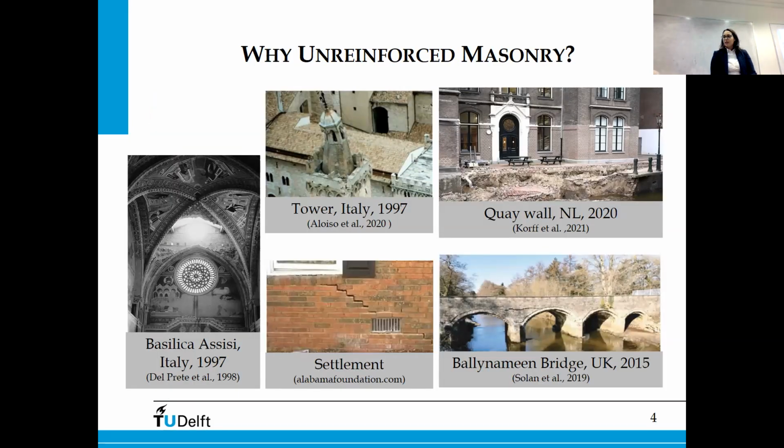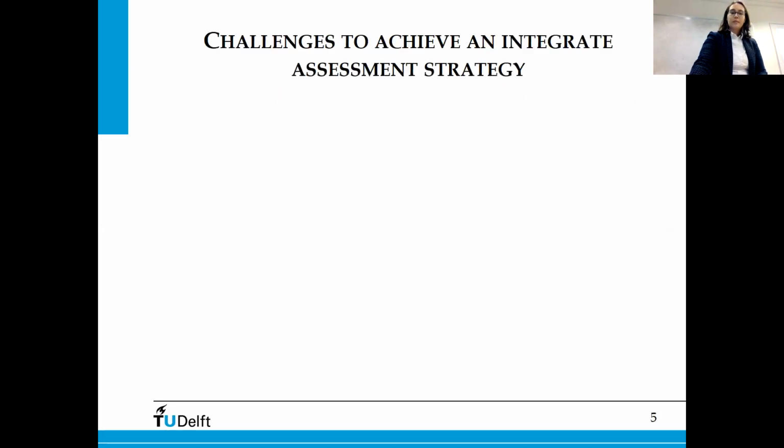I don't have to tell you why this is relevant because many of our unreinforced masonry buildings are all over the world. They comprise housing, heritage buildings, and infrastructure. So this is very relevant to try to keep our urban asset in good condition.